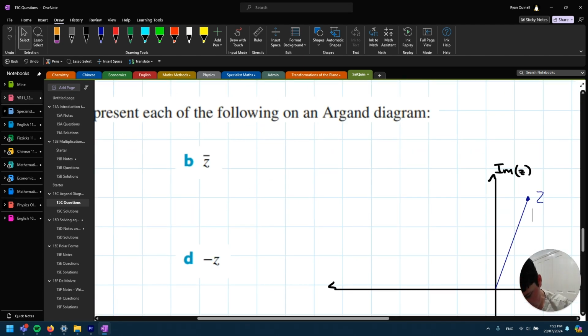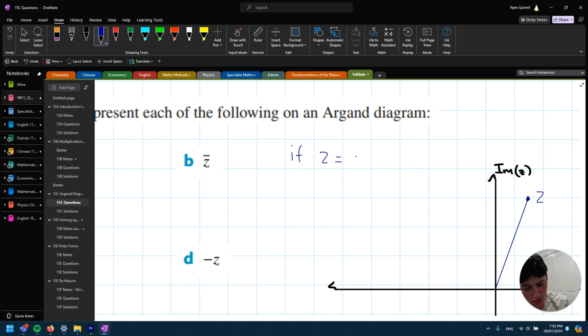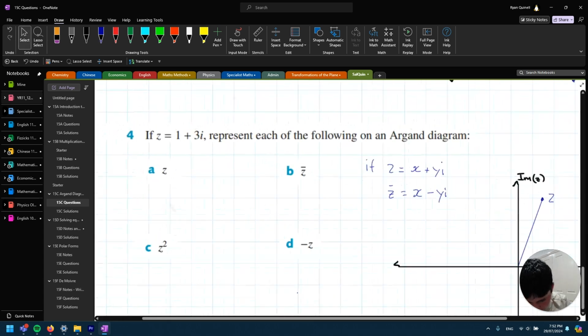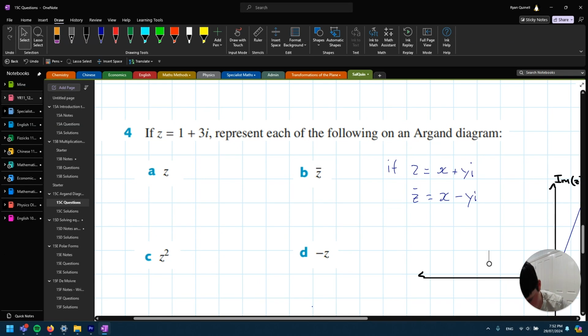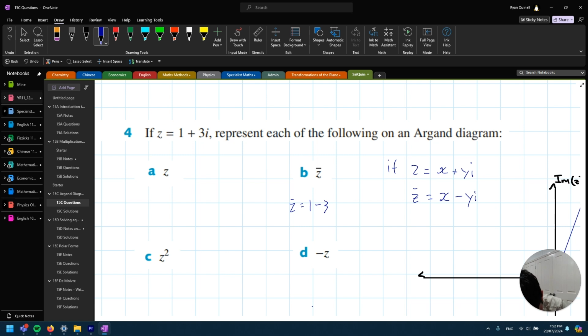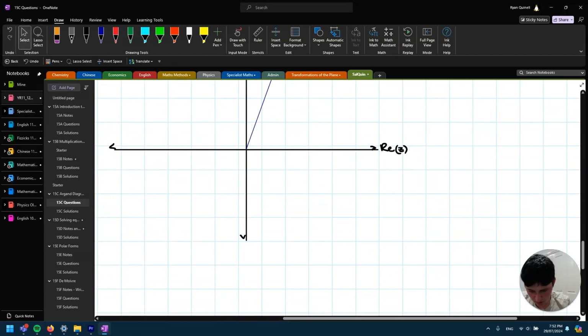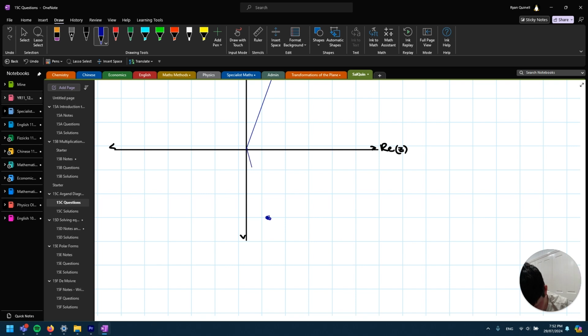If Z equals x plus yi, Z bar is equal to x minus yi. Therefore, Z bar is equal to 1 minus 3i, which is just here.